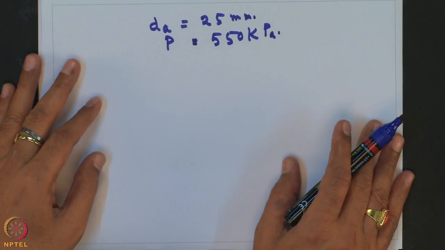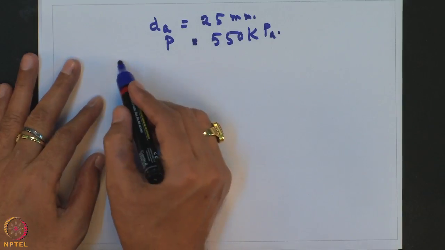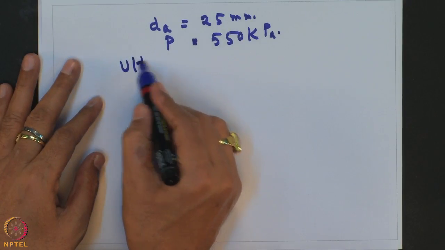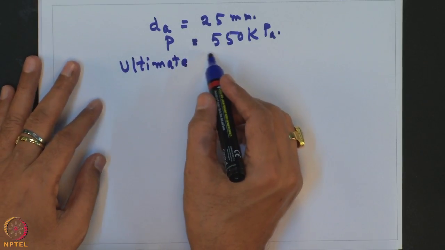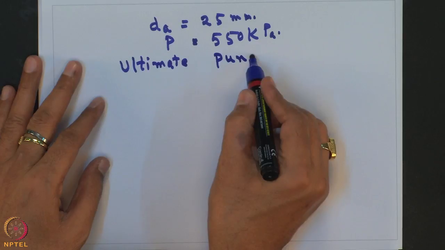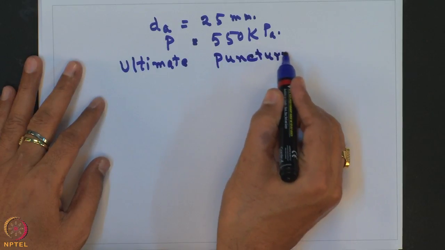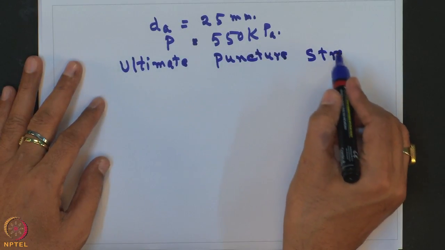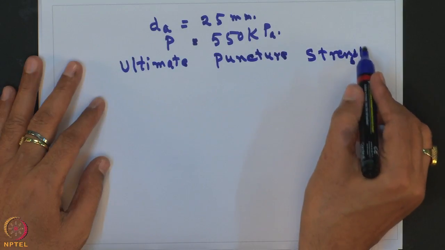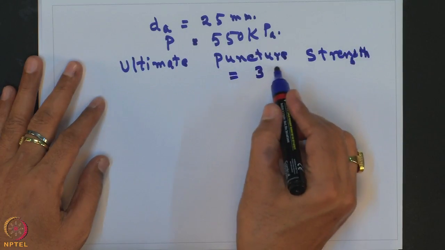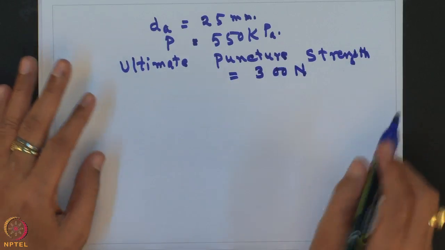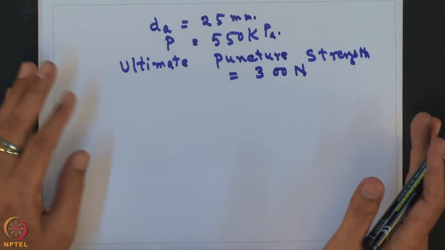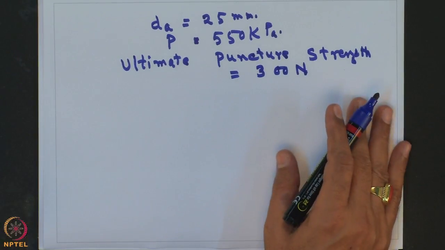And the geotextile has the ultimate puncture strength of 300 Newton. This is as per ASTM D4833. So, you have to calculate what will be the factor of safety.